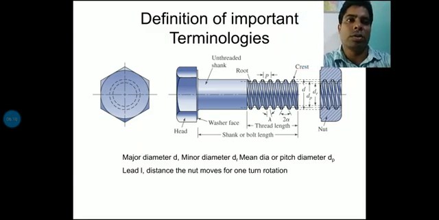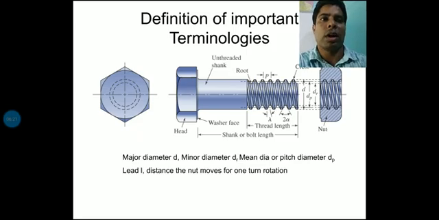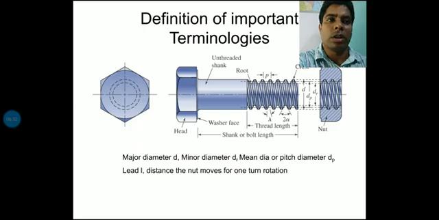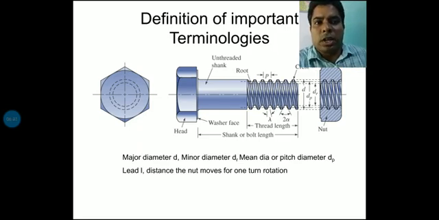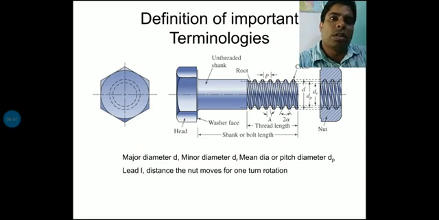If I say just nut, there is no meaningful word, but if I say nut and bolt, the word is very clear. Here, if I see a hexagonal bolt there, and on the other side one nut.